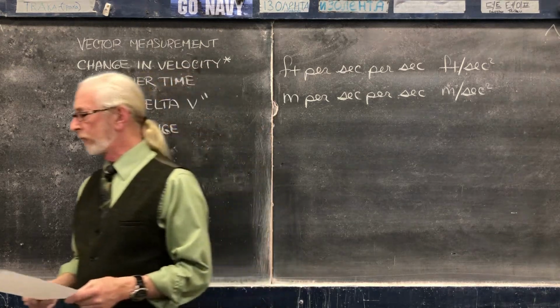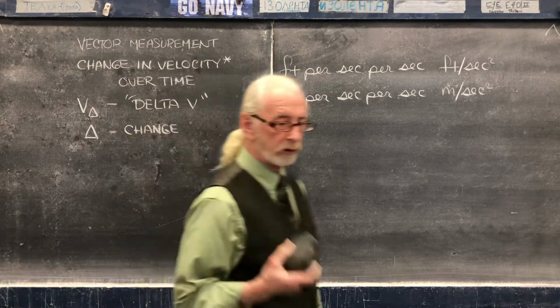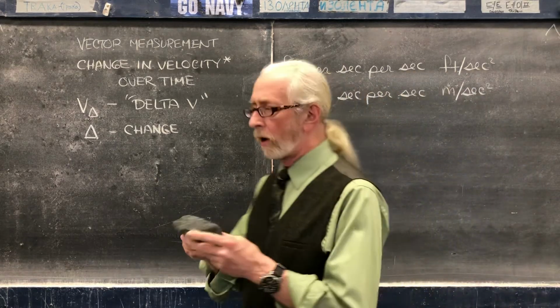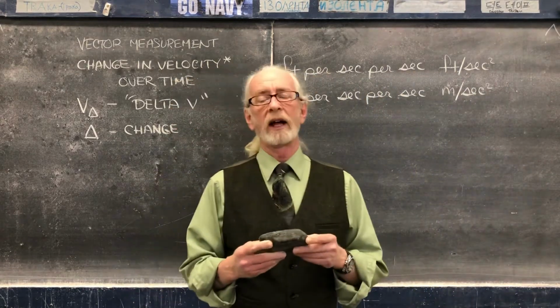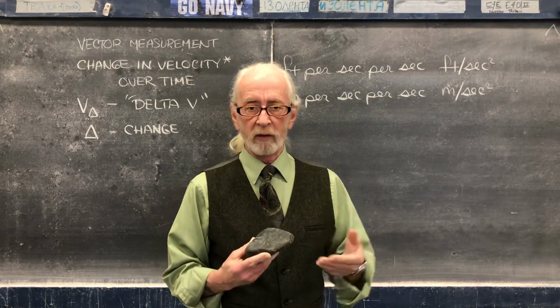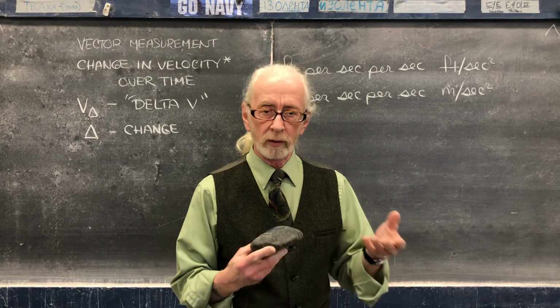Well, one way to explain it is we'll use our old friend, the laboratory rock, once again. So, here on Earth, gravity is such that a free-falling object will accelerate at a rate of 32 feet per second per second. What does that mean?